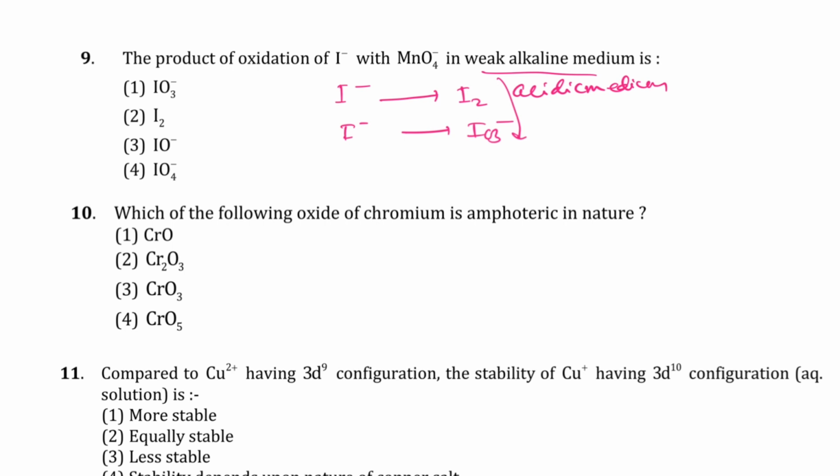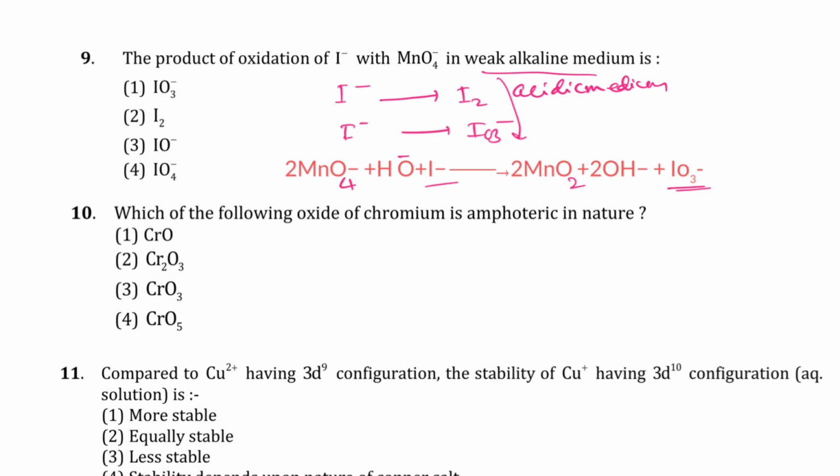So that reaction is MnO4 minus in basic medium, with OH minus and I minus, giving MnO2, and OH minus with IO3 minus.